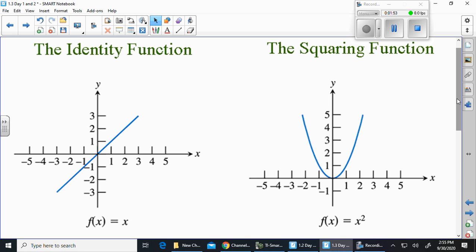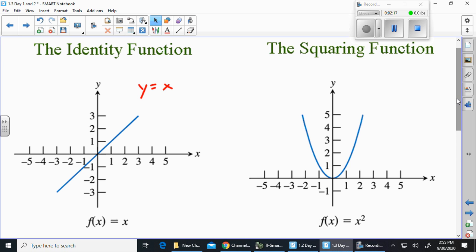So first of all, if I just go through them, you have to either know the name or the equation. Most people know the equation. You could know the equation for some, the name for the others. The identity function is y equals x. Why is it called the identity function?